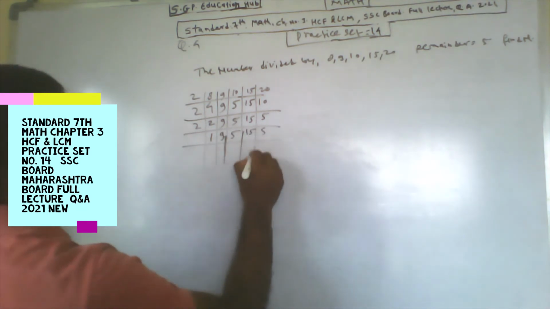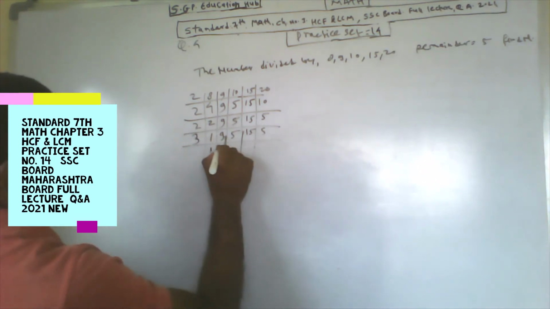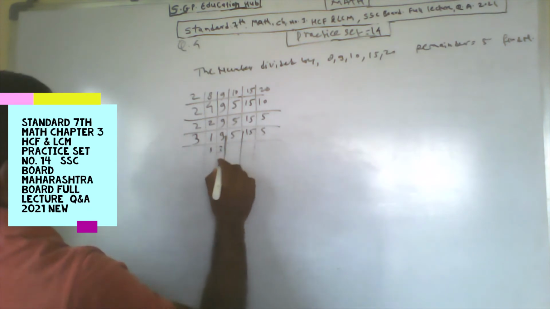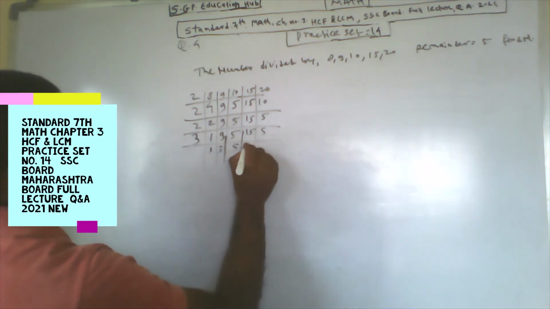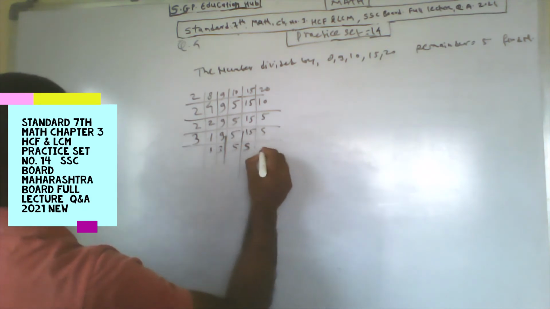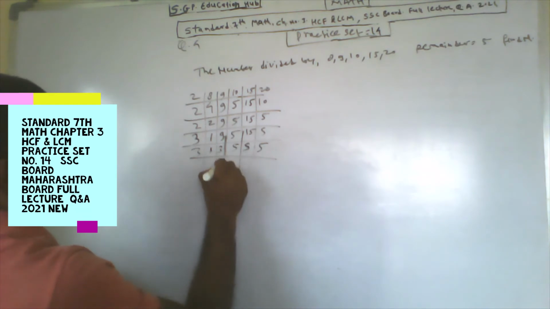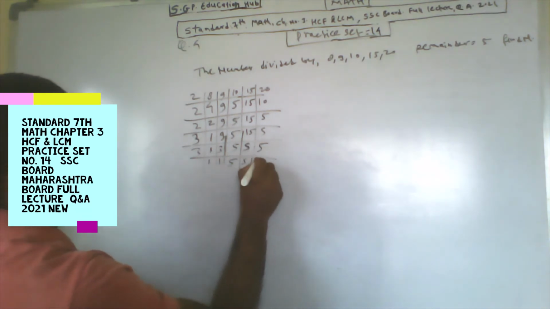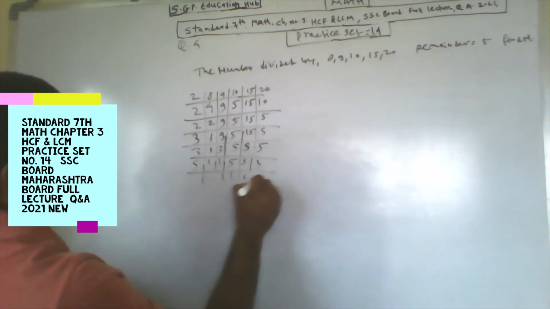Now with the help of 3: 1 remains here, 3 3s are 9, 5 remains same, 3 5s are 15, 5 remains same. Now also 3 1s are 3, 1 remains, 1 is here, 5 remains 5. Now with 5: 1, 1, 1.